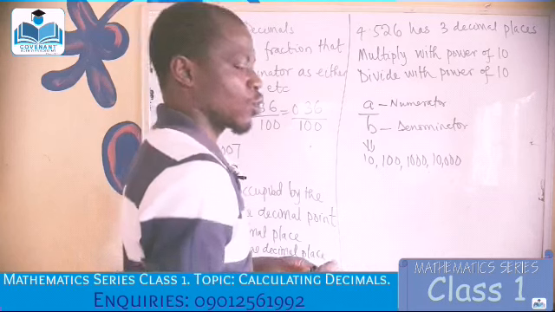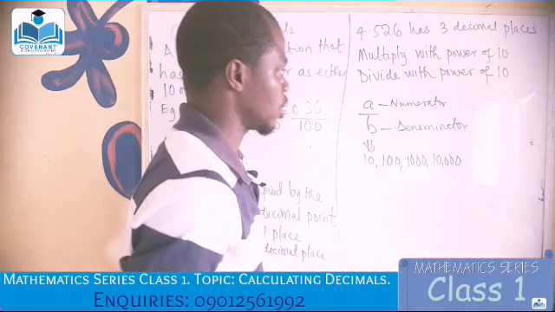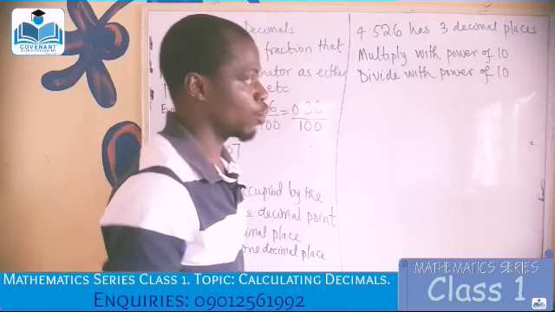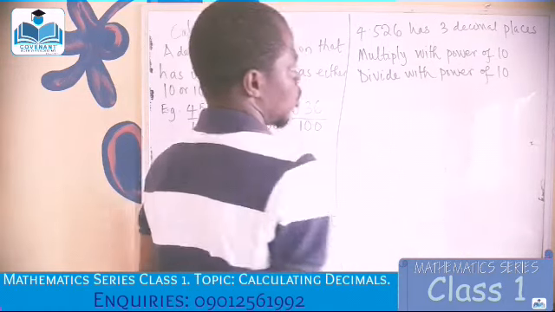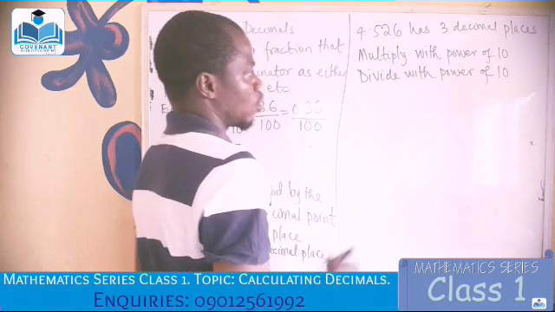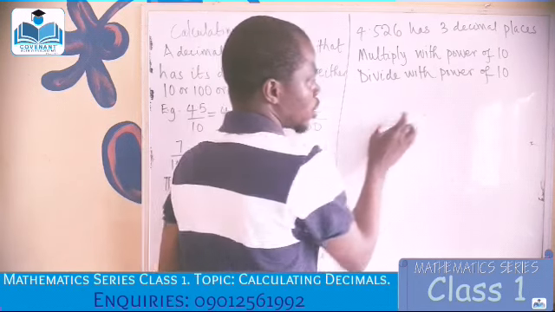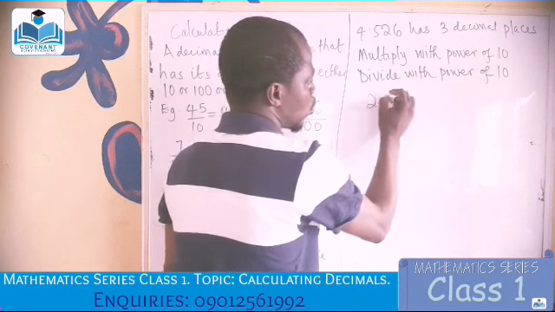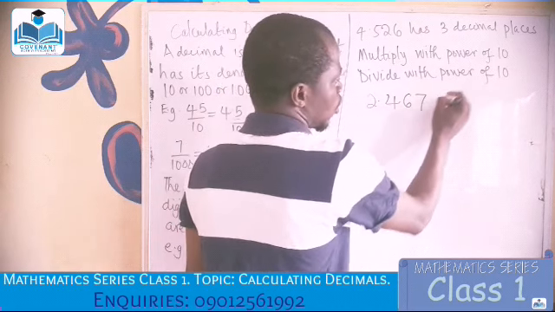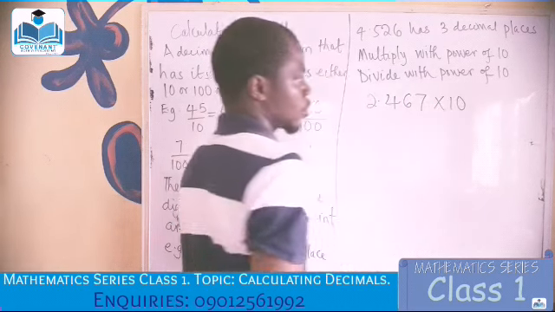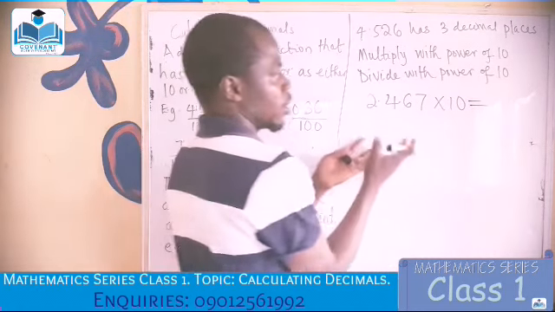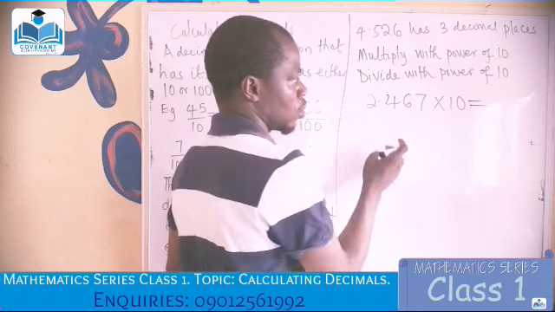Now, the next thing we want to consider is what happens when you multiply a decimal by a power of 10. The position of the decimal point matters in this case. Suppose you have 2.467 multiplied by 10. What will the answer be? It's not necessary to press the calculator.